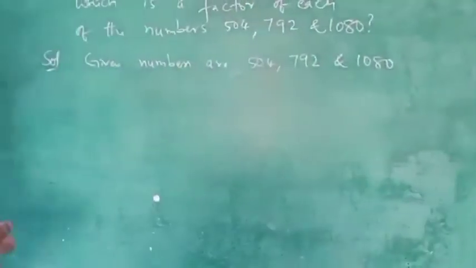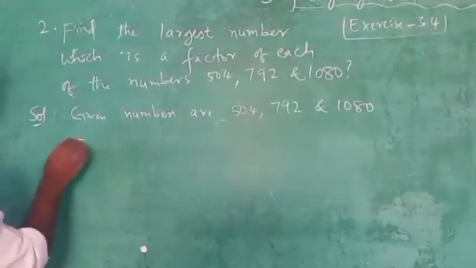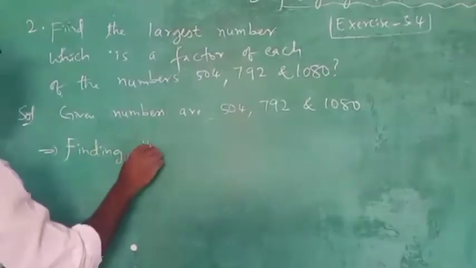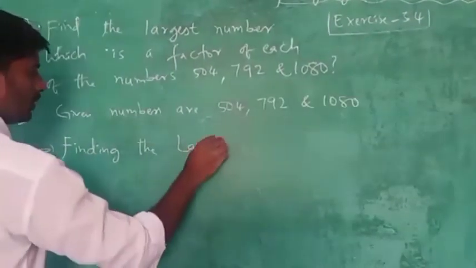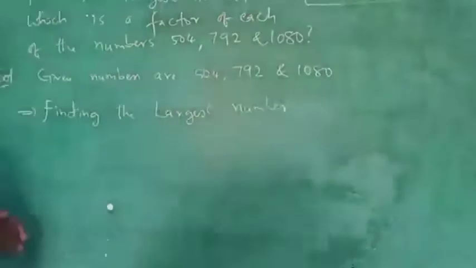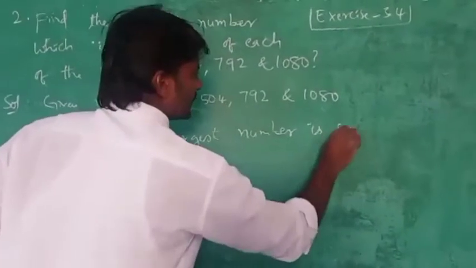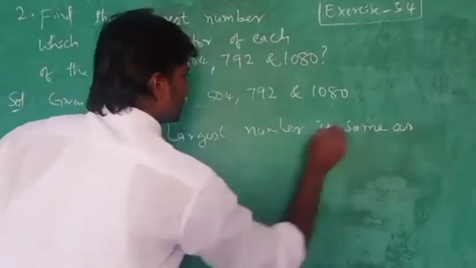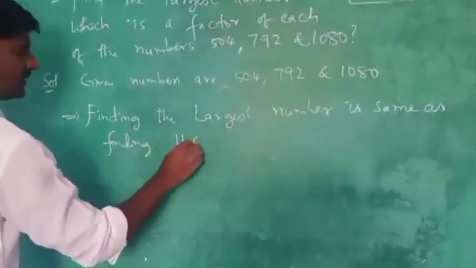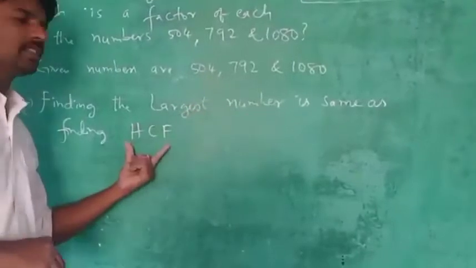Now if you want to find the largest number, one statement I'll write here: finding the largest number is the same as finding the HCF. Understood? Whatever the largest number is, that is about the HCF only.